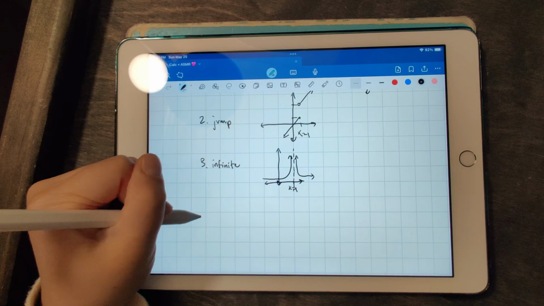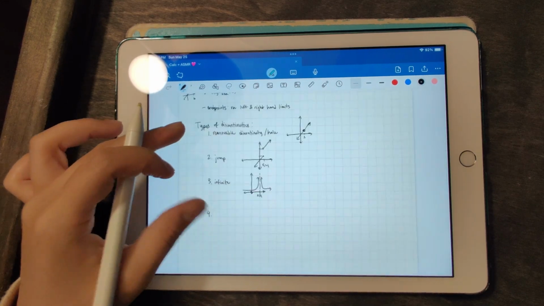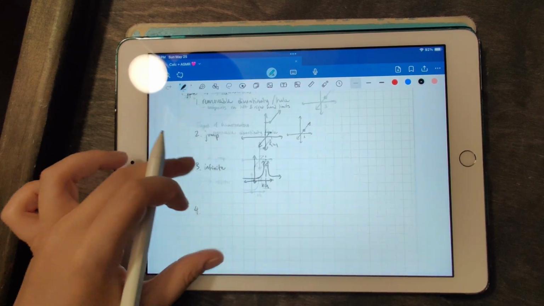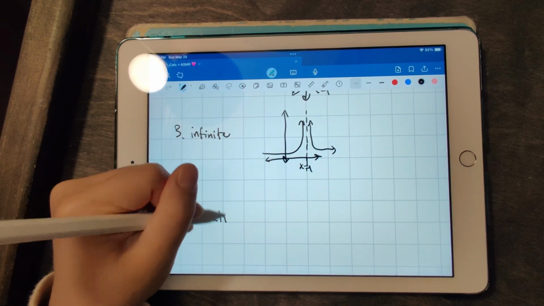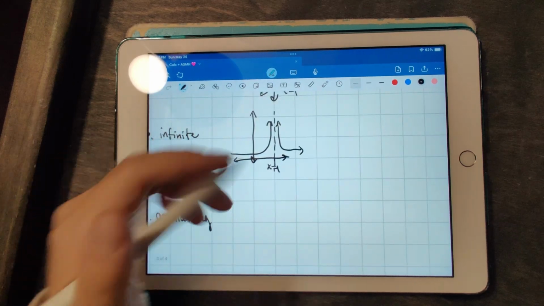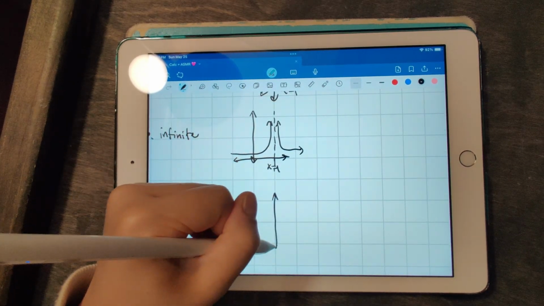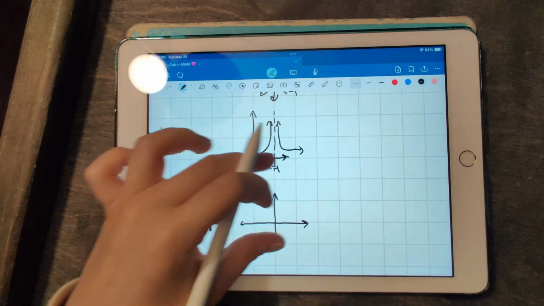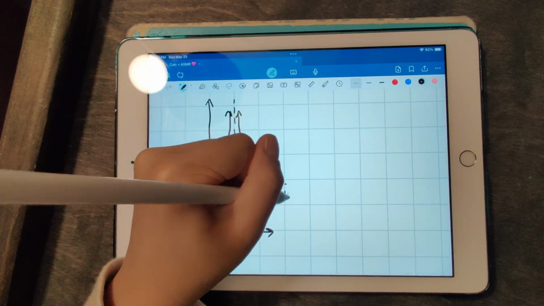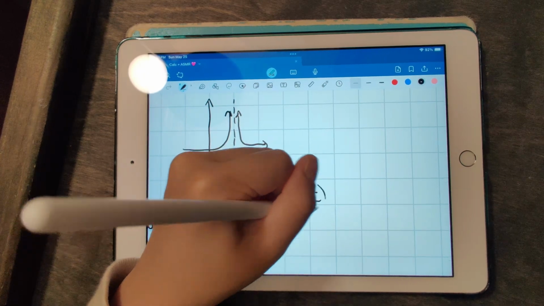The last type of discontinuity I want to talk about is an oscillating discontinuity. This happens in very specific instances, but the most famous one, which I will just talk about really quickly, is the graph of sine of 1 over x.